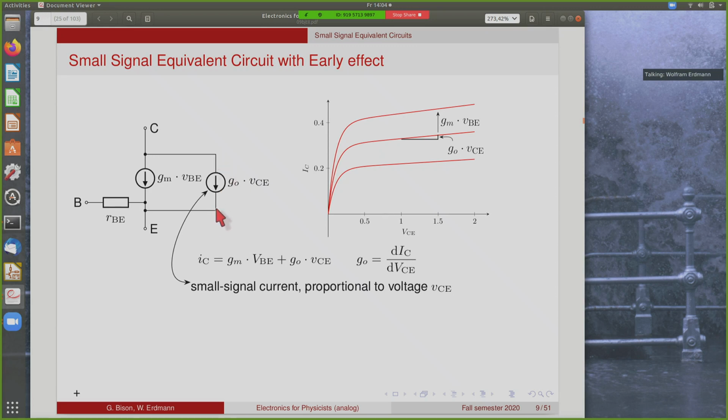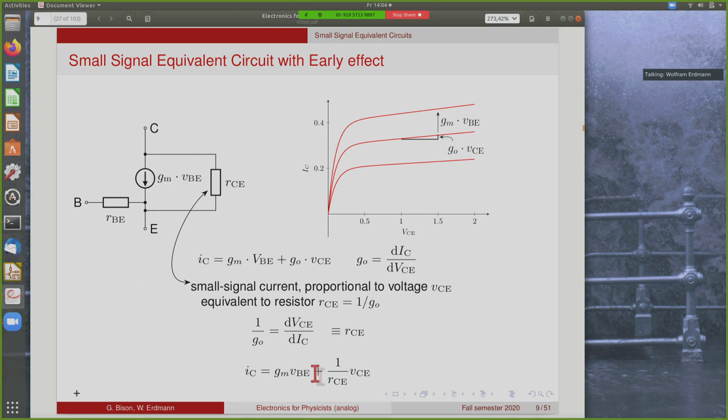And so we can simply replace this by a resistor which has the same characteristics. The value of this resistor we will call RCE. It's also sometimes called RO, which is simply the inverse of the output conductance. So our small signal model now looks like this, and the current in the small signal picture can be written as Gm times VBE plus 1 over RCE times VCE.